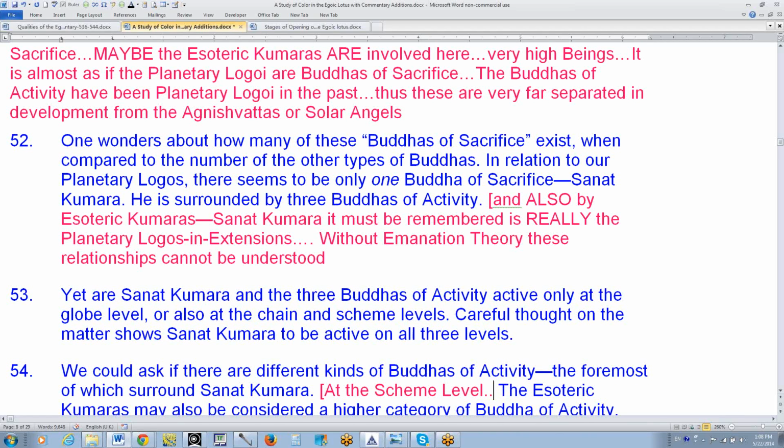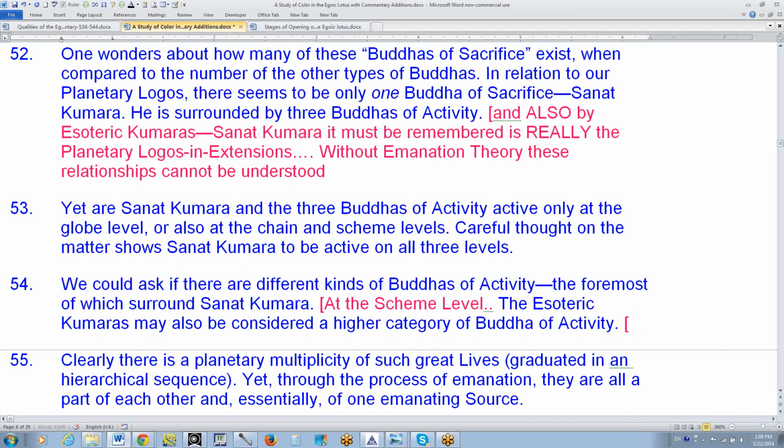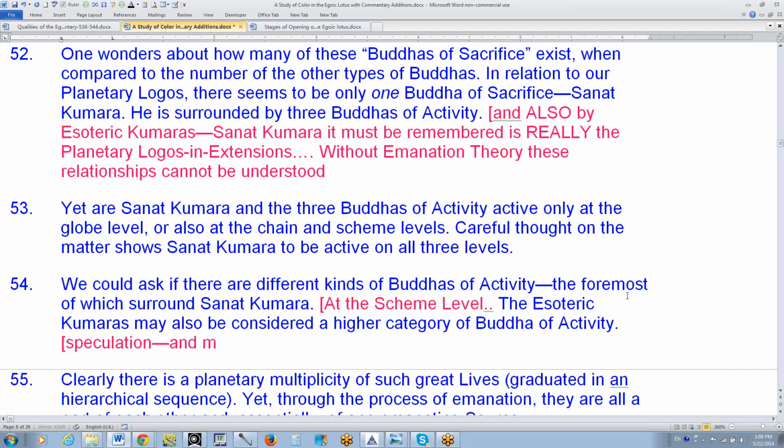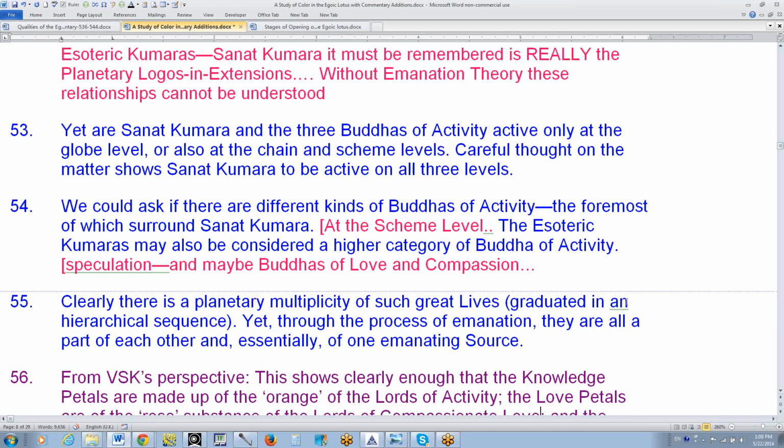The esoteric Kumaras may also be considered a higher aspect of Buddha of activity, and this is speculation, and maybe Buddhas of love and compassion. So clearly there is a planetary multiplicity of such great lives which are graduated in a hierarchical sequence, and yet through the process of emanation they are all a part of each other, and essentially from or of one emanating source.